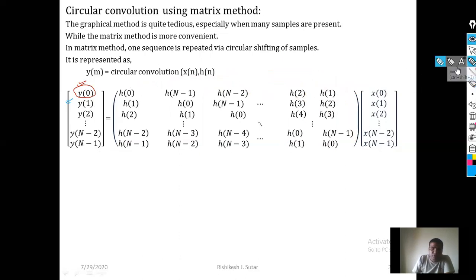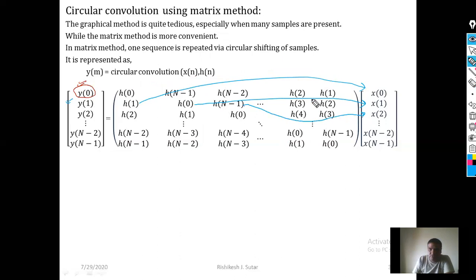For that purpose, we will multiply h of 1 with x of 0, h of 0 with x of 1, h of n minus 1 with x of 2, h of 3 with x of n minus 2, and h of 2 with x of n minus 1. Once I do all these things, I will get y of 1. Like this, I will go for each parameter. Let us go for the last one.